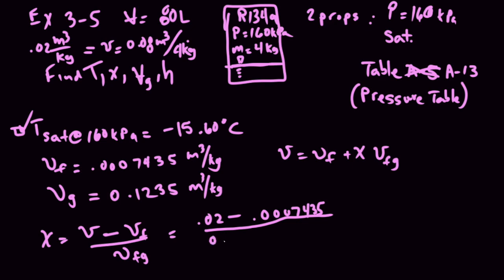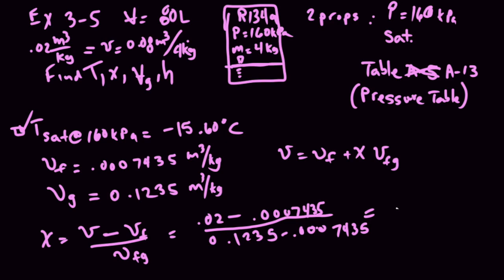So it's 0.1235 minus, again, v sub f, 0.0007435.